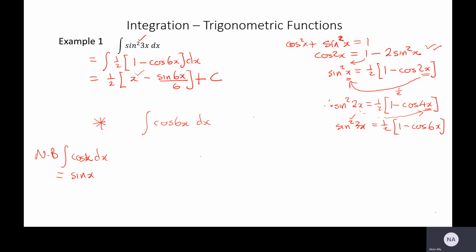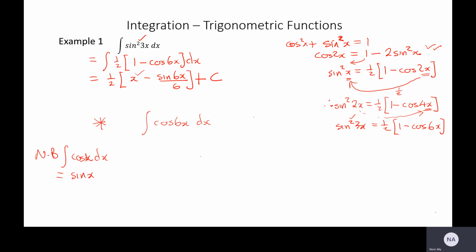Well, to do this the long way, you're going to introduce u: let 6x equal u. You're going to find du; the derivative of 6x is 6. You're going to substitute for dx like we did with u substitution. But at this stage of integration, you should be able to do that visually without having to do long u substitution.